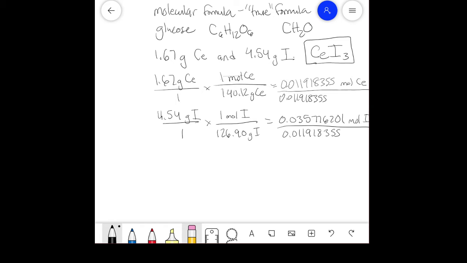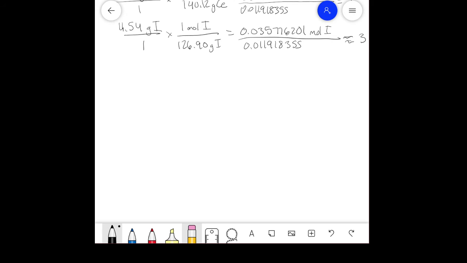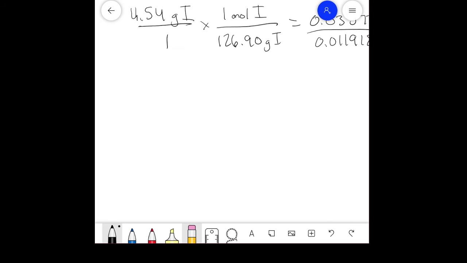So you can also do it with percents. If it's a percent, you just assume you have 100 grams, and you just change that percent sign to grams and do the same thing. So the steps for these: if you're given masses or percents, just convert everything to moles.